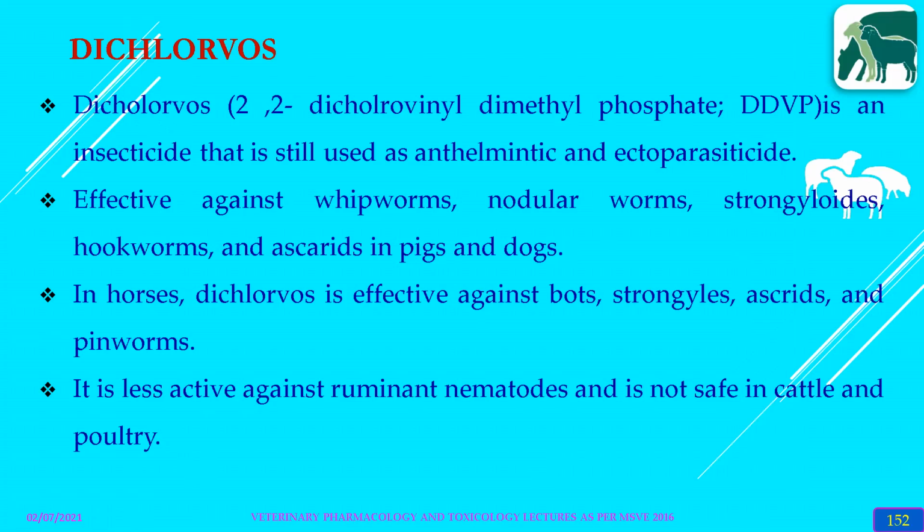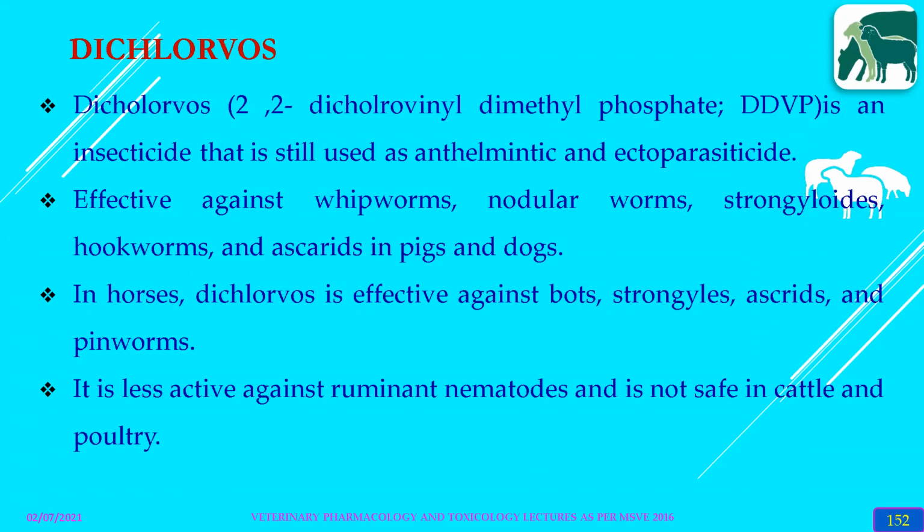Among these, most of them are agrochemicals, whereas a few of them are used as insecticides, like dichlorvos, or it is still used as an anthelmintic and ectoparasiticide in some countries, not all countries. Of course, these are not approved by the FDA.